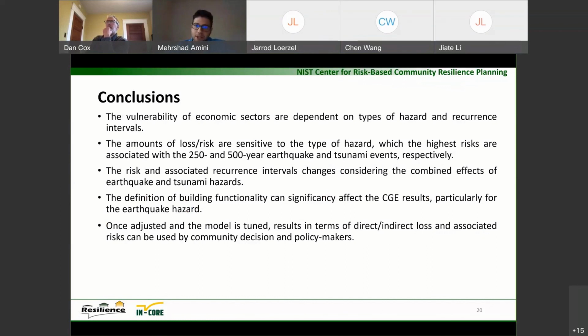The definition of building functionality can significantly affect the CGE result, particularly for earthquake hazard using the hazard fragility curves. And finally, once adjusted and the model is tuned, the results in terms of the direct and indirect loss and associated risk can be used by community decision and policy makers.